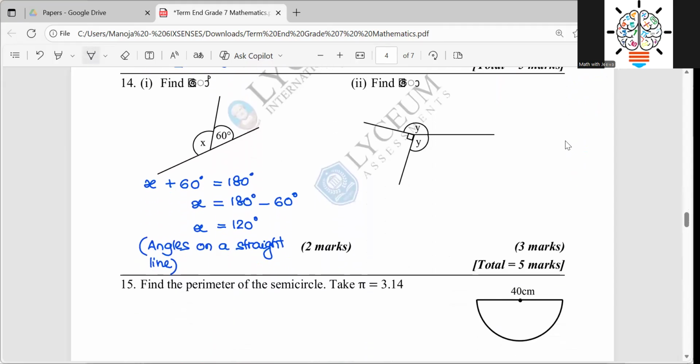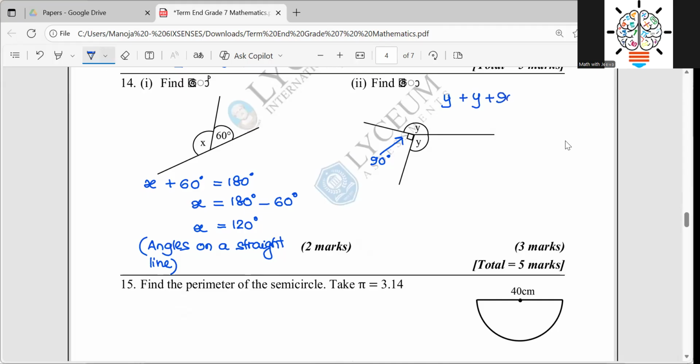So then here, this one is 90 degrees. This is 90 degrees when you have this small thing. So here, what is the theory we have to use? First, you write y plus 90 equal to 360, because angles at a point add up to 360. So then here I can write 2y plus 90 equal to 360 degrees, right?